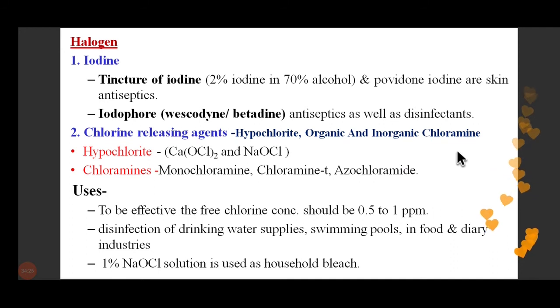This ppm is calculated according to how dirty or soiled the particular thing is which you need to clean by the use of chlorine. Chlorine has a particular formula by which you calculate the ppm required to actually disinfect that thing. It is used most commonly in swimming pools, water supplies, food and dairy products. And 1% NaOCl solution is also used as a common household bleach.